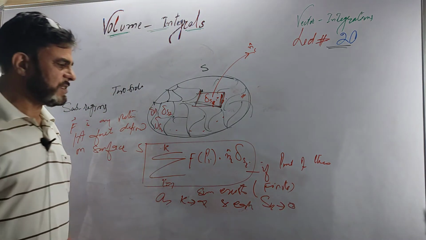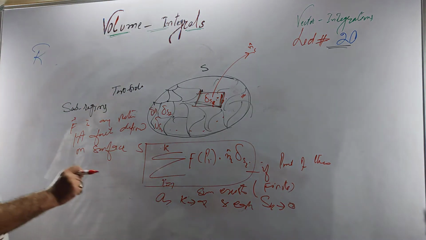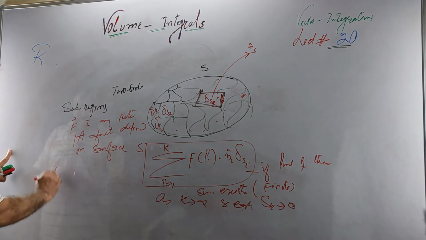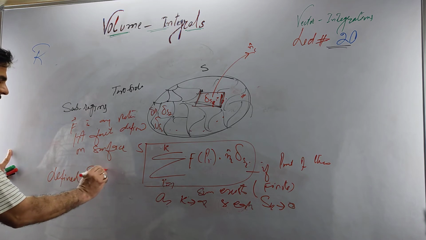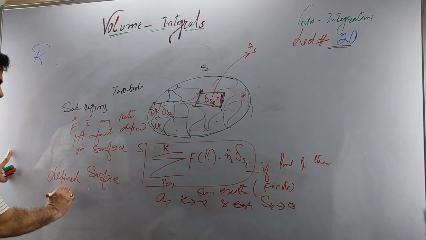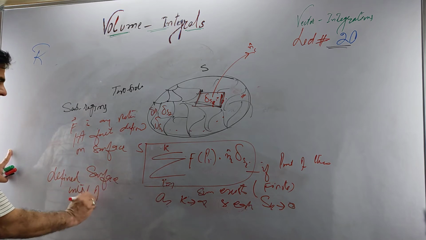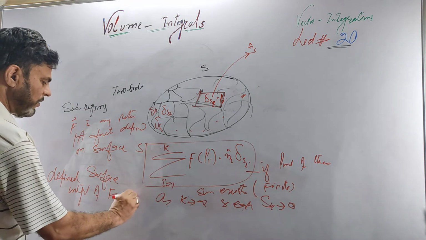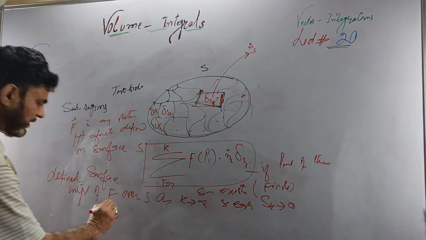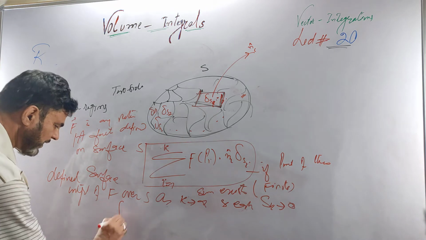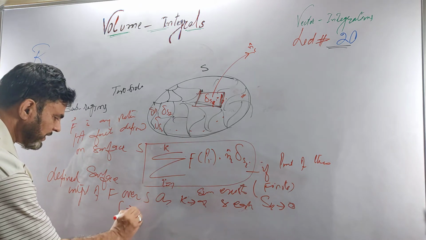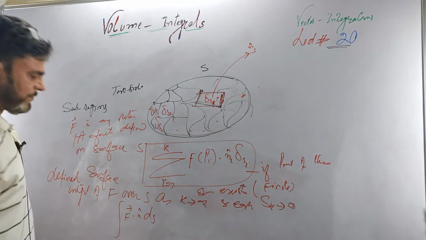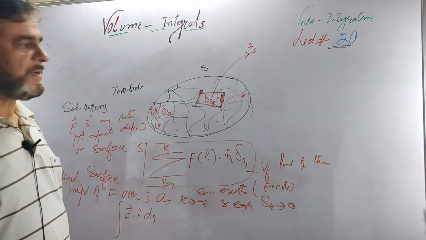When this limit exists and is finite, this finite value is defined as the surface integral of f over the surface S. How do you denote it? It is the integral over S of f dot n dS. This you did about the surface integral.